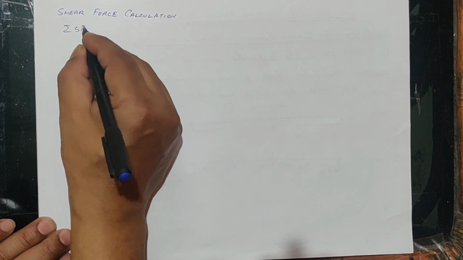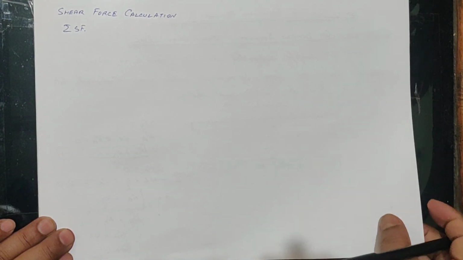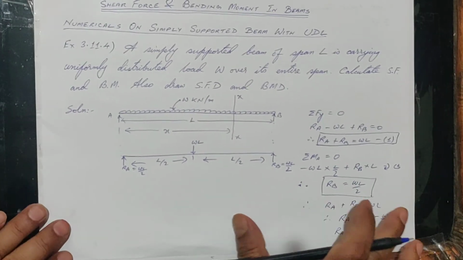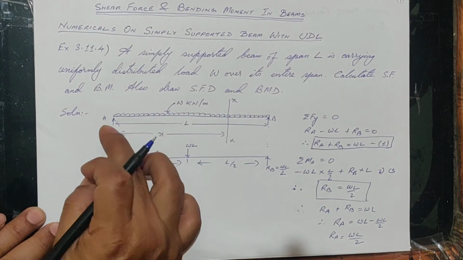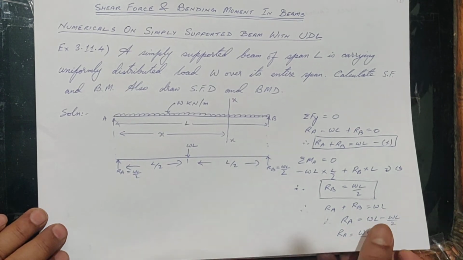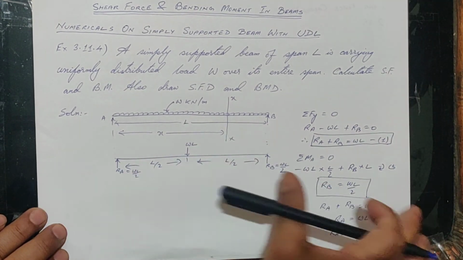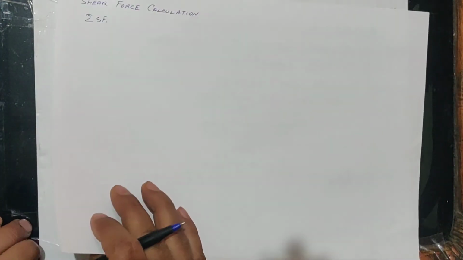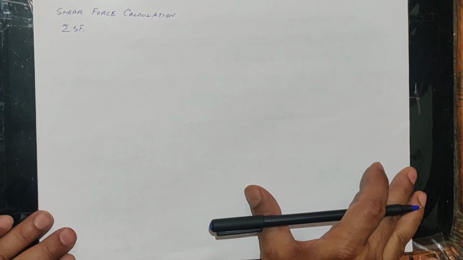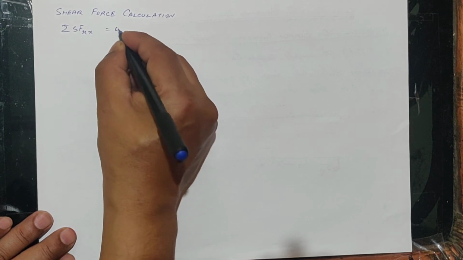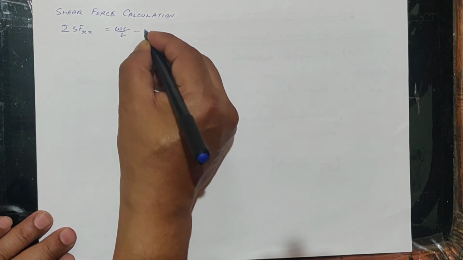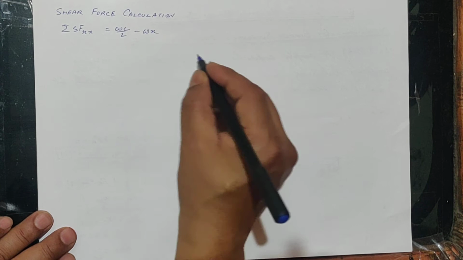What we do is we first take a section, that is XX section, which is at a distance x from A. So we will first calculate SF at XX section. So SF at XX section is equal to WL by 2 minus W into X.